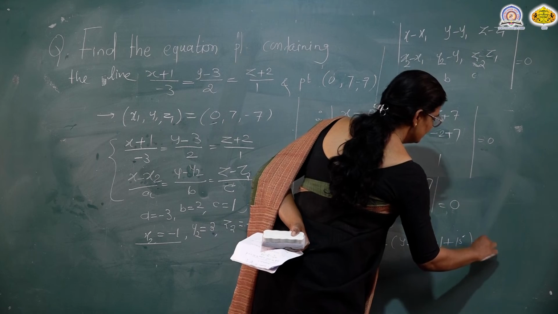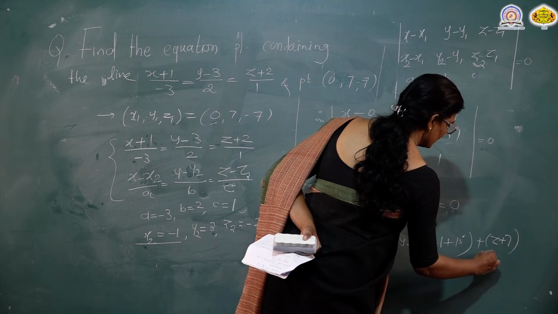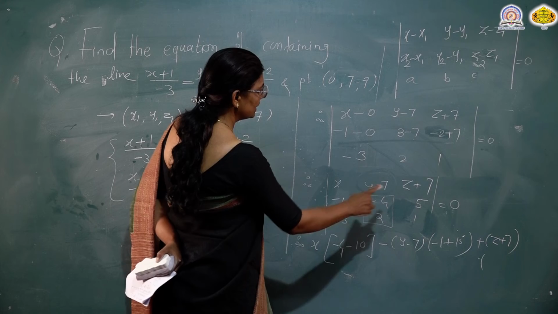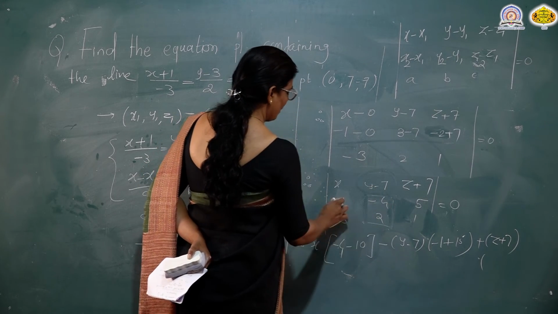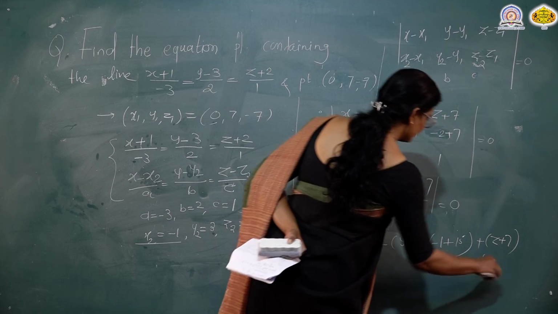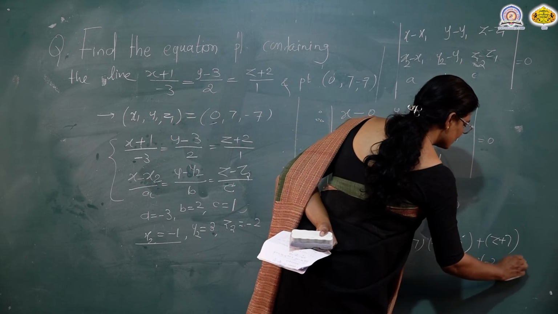The last term is z plus 7 times the last term, which is minus 2 and minus 12.